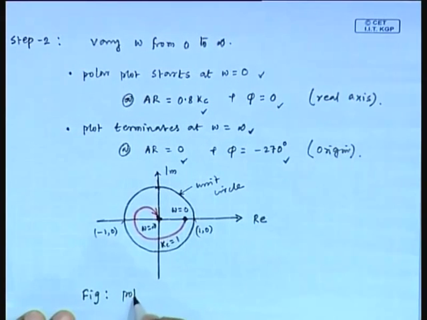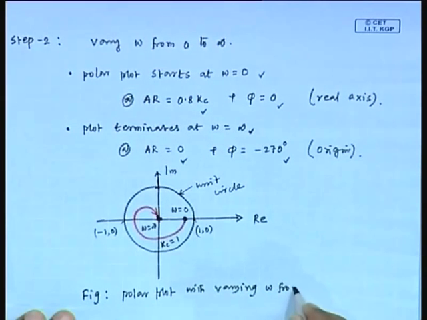So, this is the polar plot with varying omega from 0 to infinity. In the next step, I mean in step 3, we will vary omega from minus infinity to 0.